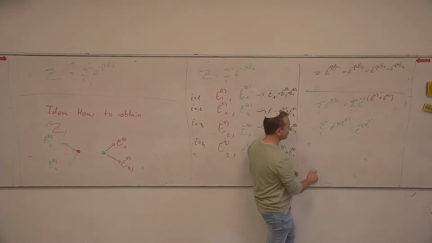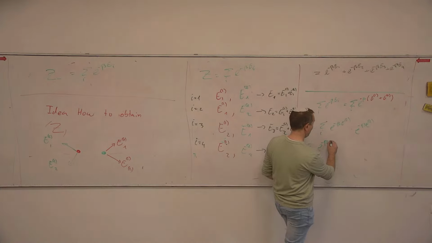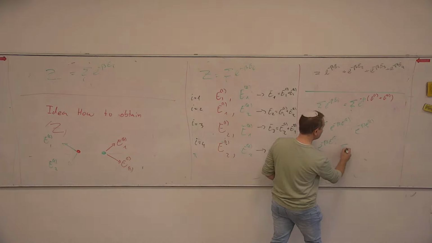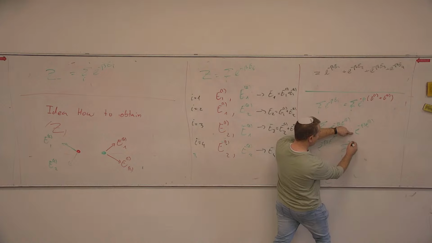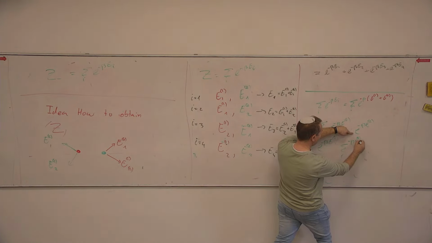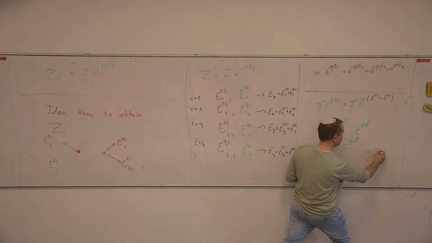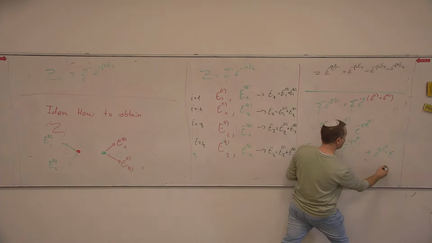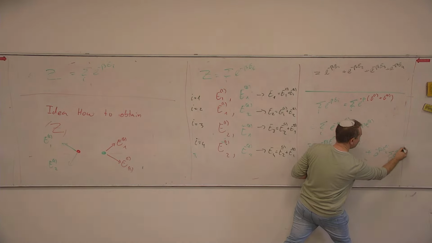So it equals e to the power minus beta E1,1 multiplied by the sum over all the possible realizations I of e to the power minus beta E2,I, plus e to the power minus beta E2,1 multiplied by the sum over all the possible realizations of e to the power minus beta E2,I.